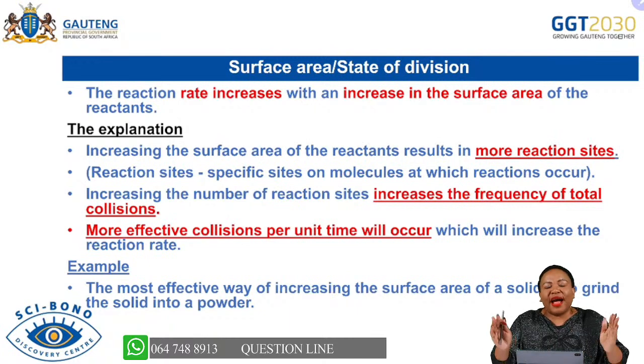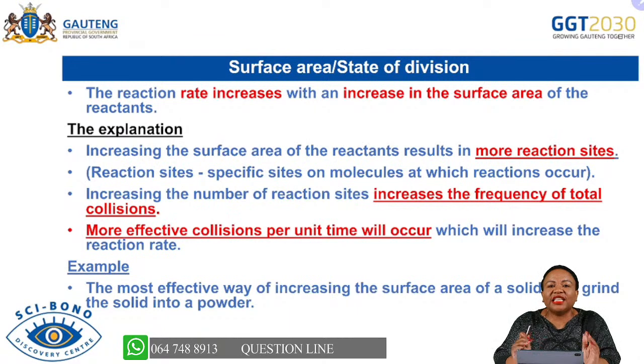Immediately when you grind it, it will start spreading out. As it spreads out, we are increasing the surface area, meaning that the surface area of that particular substance will be larger. So what will the larger surface area do to the rate of reaction? The larger the surface area, or when you increase the surface area, you will increase the rate of reaction.